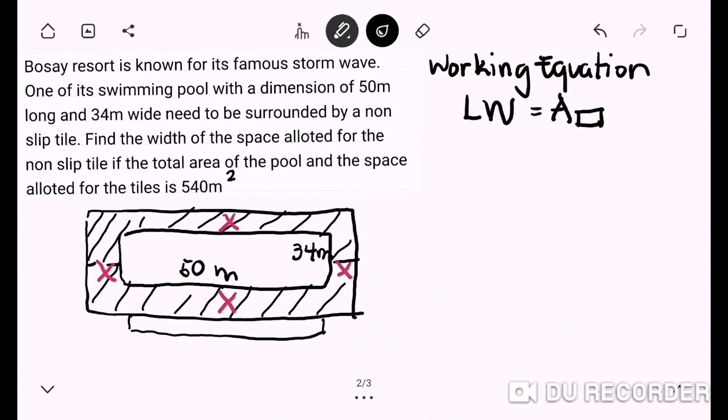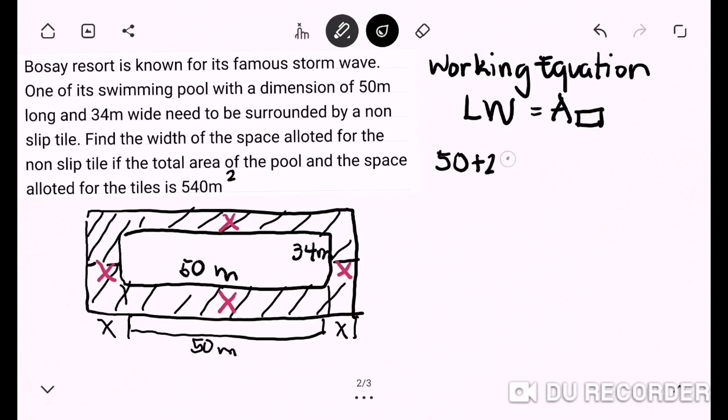So, ang area ng malaking rectangle, ang length na gagamitin natin ay mula rito. Alam natin na ang sukat niya ay 50 meters. So, dahil may natitira pa tayong space, ito mula rito ay x. So, meron din tayo mula rito na x. So, ibig sabihin, yung malaking rectangle natin, ang magiging length niya ay 50 plus, i-add natin tong dalawang x.